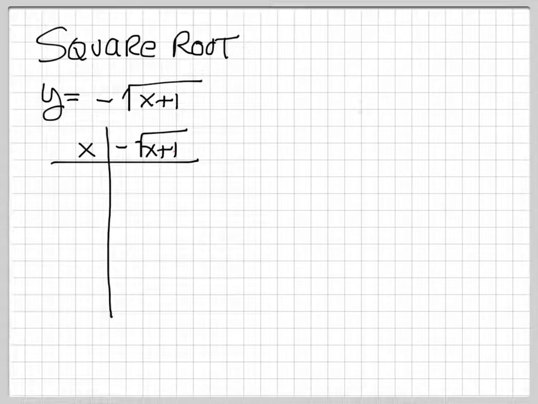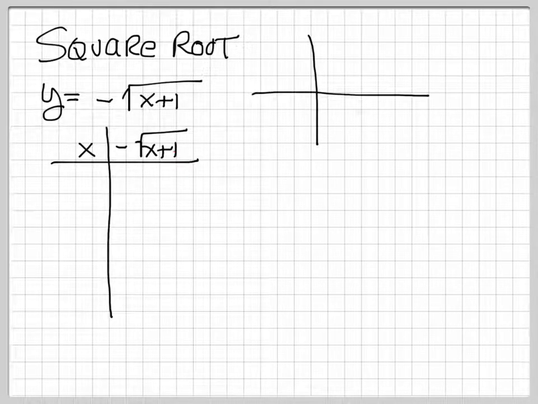Square root is another type of equation that you're asked to find a table of values for and graph in week 5. And square root can be the trickiest because, generally speaking, a square root graph is going to take one of several shapes.